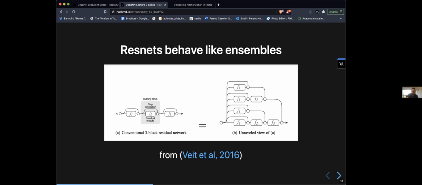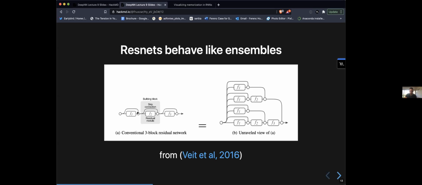And you can consider the number of paths between the input and the output in this network. You can notice that in each residual block, you can make a binary choice: if I want to walk from here to here, I can either choose to walk on the identity path or I can walk through the nonlinearity. And I make this binary choice in every single residual module. So in total, there are 2 to the L different paths that I can take from the input to the output.